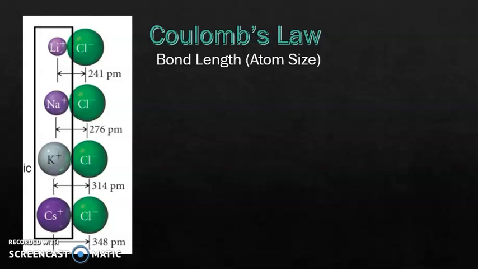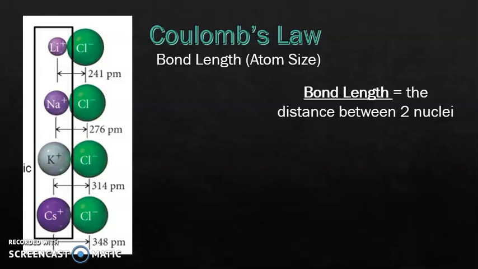But notice also what it does to the distance between the nuclei. Tiny little lithium bonded to chlorine has a distance of 241 picometers, whereas cesium bonded next to chlorine has a distance of 348 picometers. Bigger atoms simply mean a bigger distance.